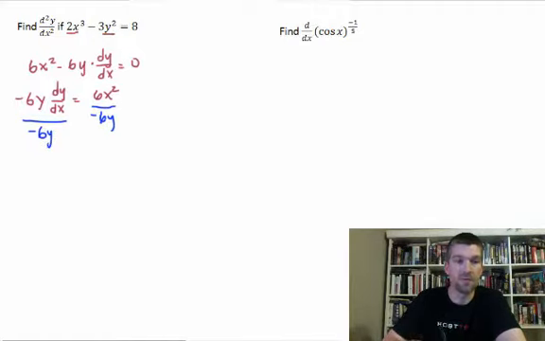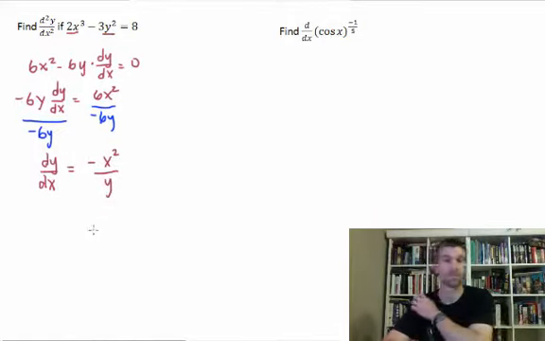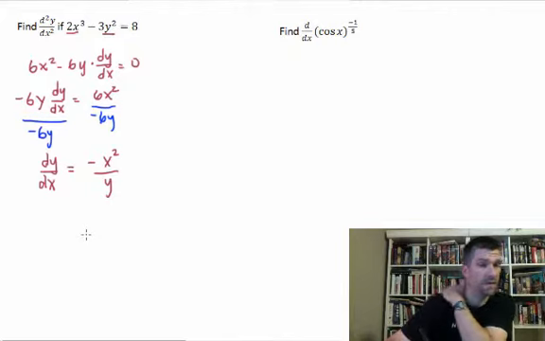And so this gives me my first derivative, dy dx equals, and notice here the 6's go away, so this is just negative x squared over y. Okay? Pretty fun stuff.